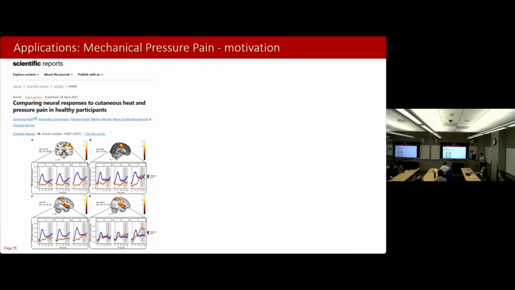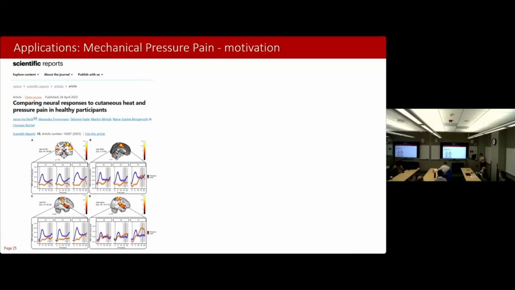They applied thermal pain and pressure pain to their participants, and they found that the activation time course for thermal pain was more prolonged and often peaked as the stimulus went on, while pressure pain was more phasic.